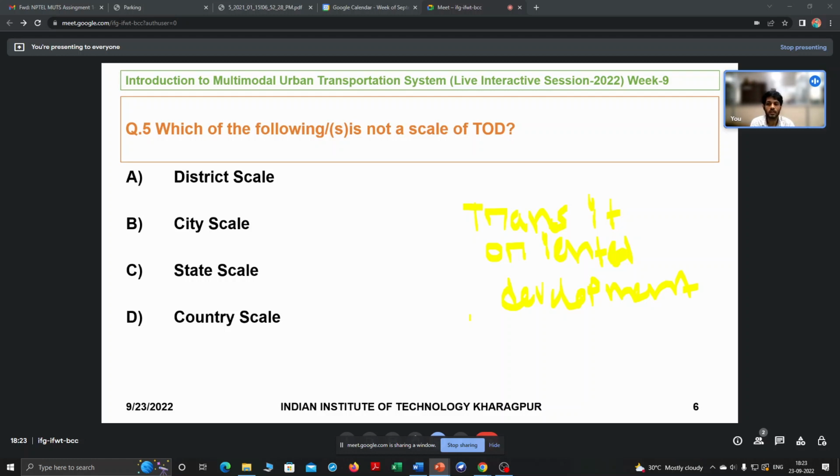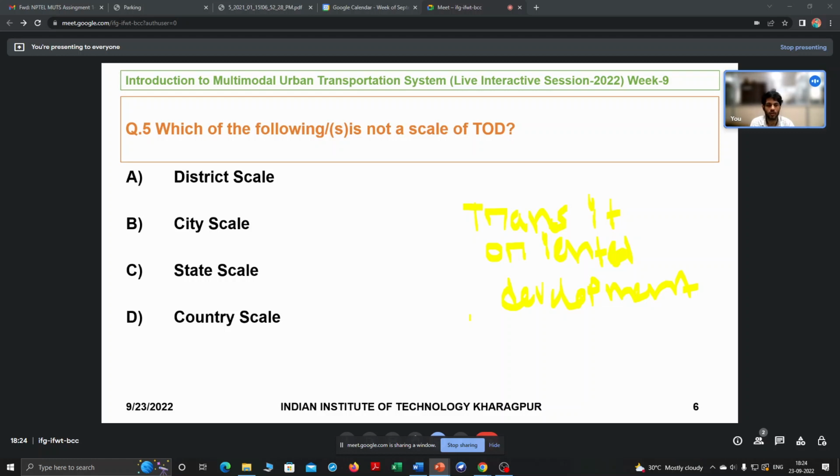So city scale is the maximum that you can do for any particular metropolitan city, and smaller scales are also available, like along a transit corridor. If any particular corridor has been congested, then you develop a new transit line or a new metro system there, and you can try to incorporate transit oriented development along that corridor, or maybe at a particular station also.